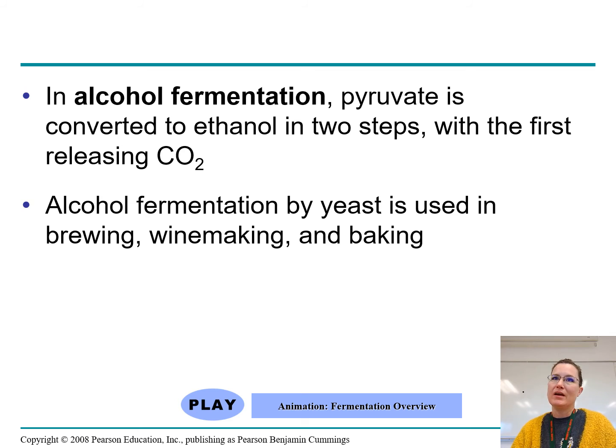Or if you've made bread from scratch, and you have to wait for it to rise, that's the yeast living, and they produce carbon dioxide, which makes bubbles. So bubbles in alcohol or bubbles in bread, it's the same thing, it comes from the little yeasties.